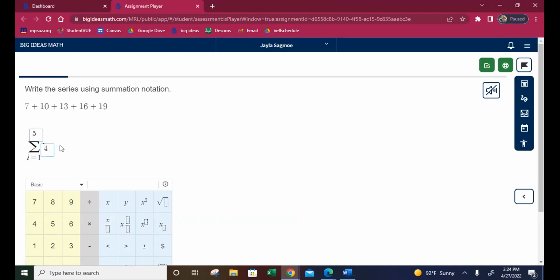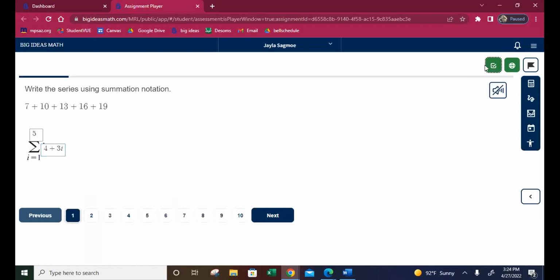So write 4 plus, what is it going up by each time? 3. And instead of n, it's i, because i is the variable, which is a small modification. So put i there. Okay, give that a try.